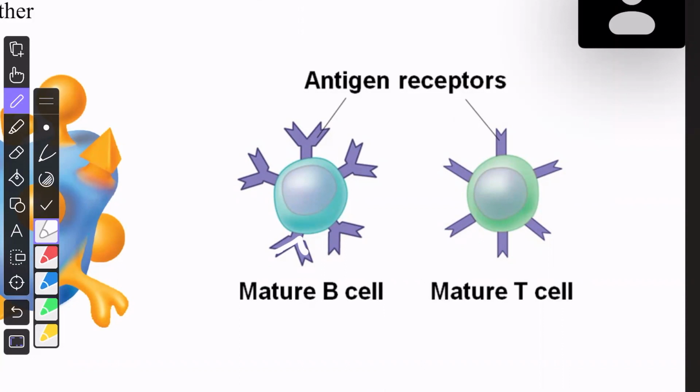Different pathogen, right? So T cells and B cells are going to be trained to detect very specific pathogens, and how they are trained is by developing these receptors. Each pathogen that the body is exposed to creates a set of B cells or T cells with receptors specific to that pathogen.